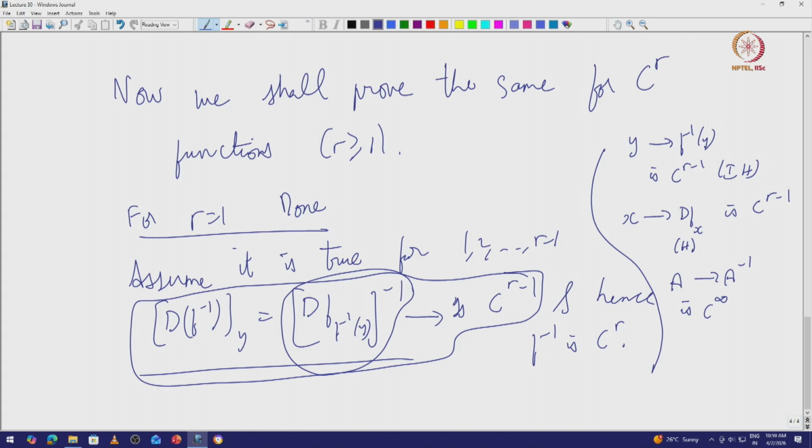Yeah? So this is a composition of three C^(r-1) functions, and we have already shown that the composition of any two C^k functions is C^k. So the composition of these two is C^(r-1), the composition of this composition with this is also C^(r-1). Therefore, this is C^(r-1) and we are done.